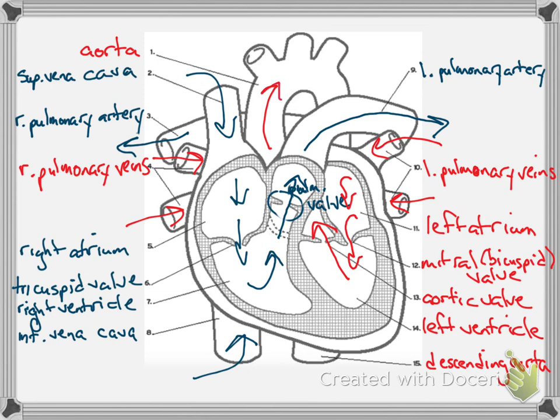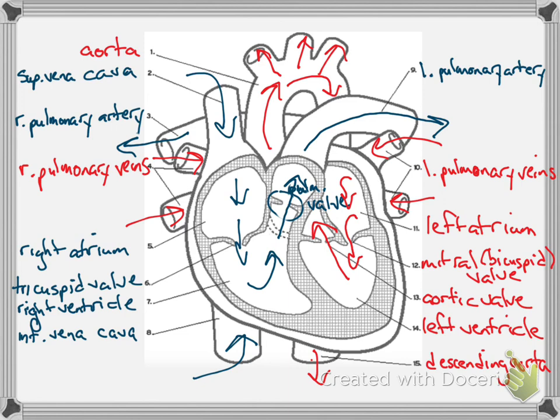Now, the aorta, as you can see, branches out on top here, and these large arteries, branches of the aorta, will supply the brain and some of the organs superior to the heart with blood and oxygen. There is also a descending branch of the aorta, which you see on the bottom right of your diagram, that brings blood to parts that are below the heart.